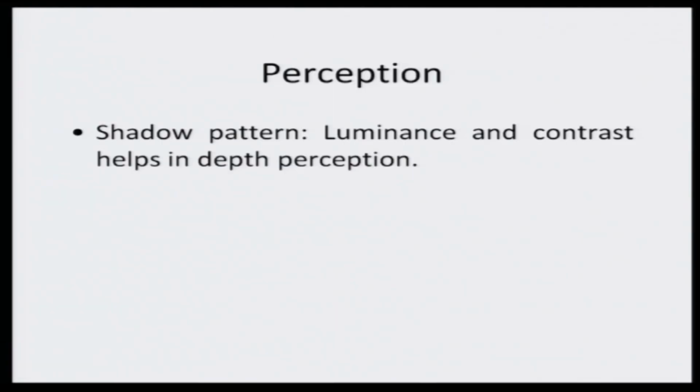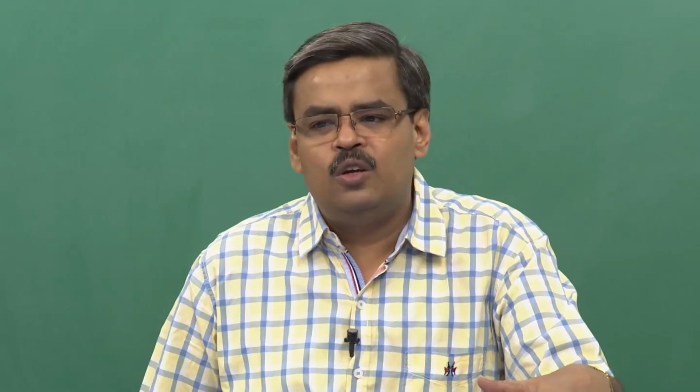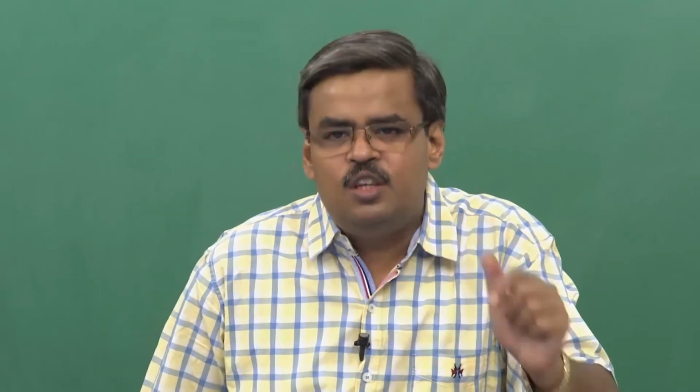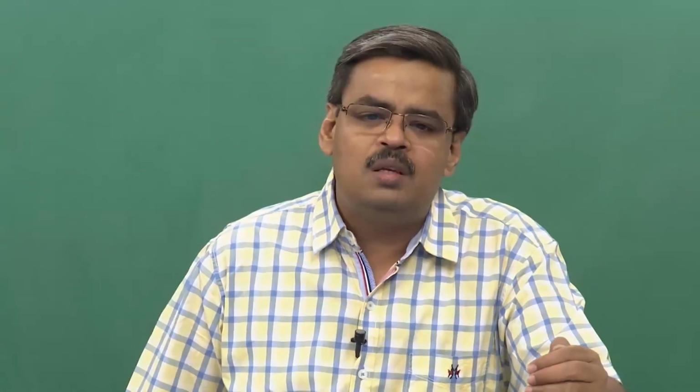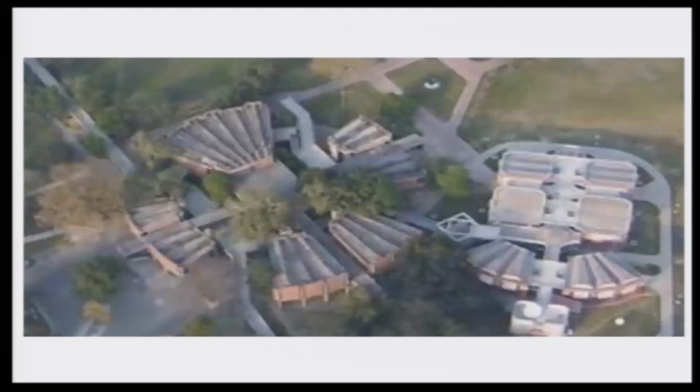Okay. So, it is basically the pattern of shadow, the luminance, the whiter area, and the shadow, the darker area, the contrast that you are able to establish, that will help you understand how high is the building that you saw right now when you were looking at the aerial view of the IIT Kanpur campus.